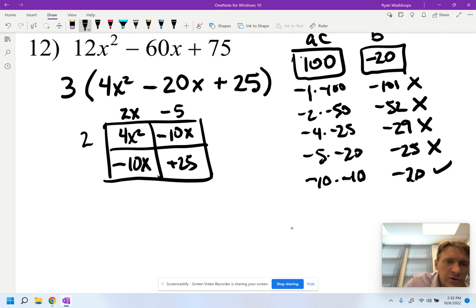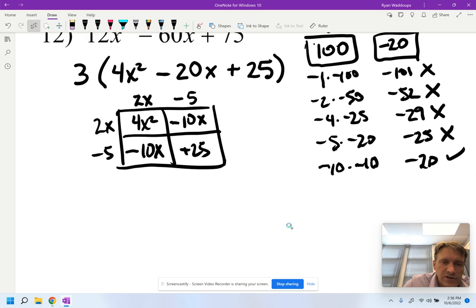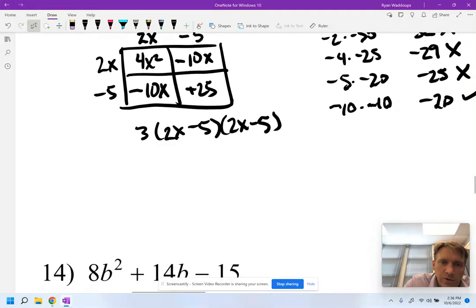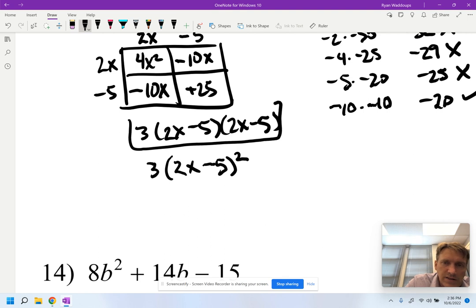And over here also 2x and minus 5. And so our factors are 2x minus 5 times 2x minus 5. And then we also have the 3 in the front. Since these two factors are the same, we can also write this as 2x minus 5 squared. And either of those would be acceptable ways of showing your final answer.